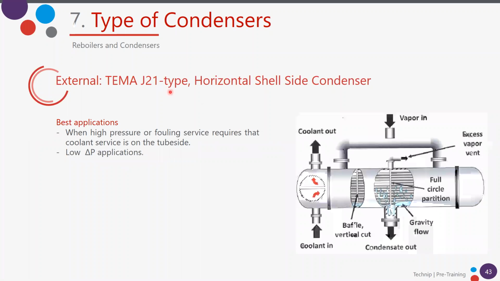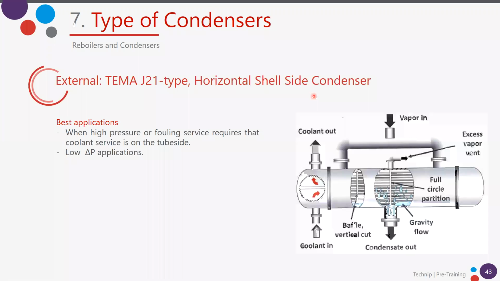So now we are going to see the J type, TEMA type J. It is the same as E, but the condensing fluid is on the shell side because we have a horizontal shell side condenser.